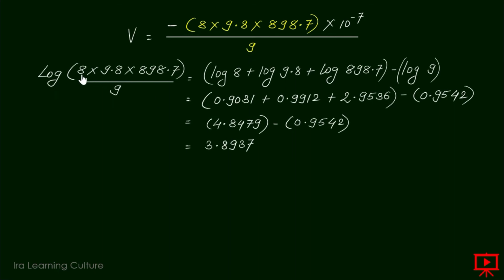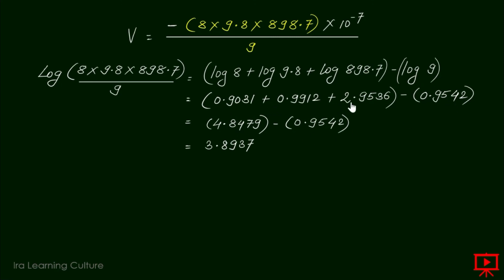So log of 8 into 9.8 into 898.7 upon 9 is log 8 plus log 9.8 plus log 898.7 minus log of 9. Log of 8 is 0.9031 plus log of 9.8 is 0.9912 plus log of 898.7 is 2.9536 and log of 9 is 0.9542.